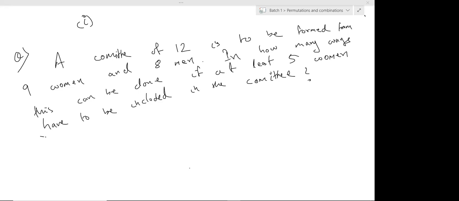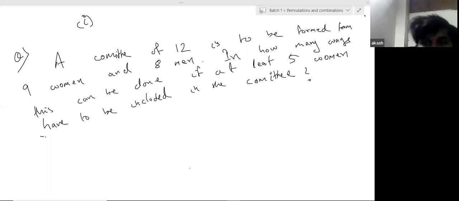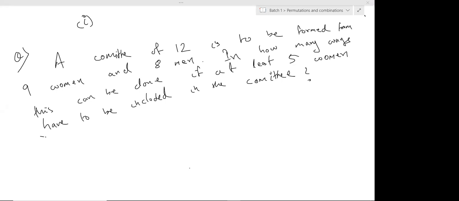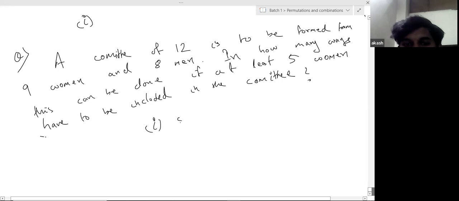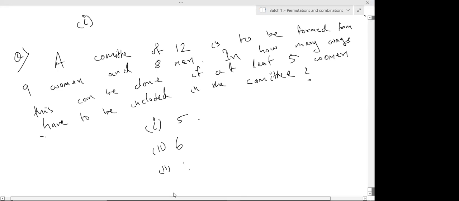See here, for a hint, if I tell you you have at least 10 rupees, that means you can either have 10 rupees, 12 rupees, 15 rupees, or more. So you have to make cases here. 5 women, 6 women, like this. Then solve each case individually. Till 9 women, because the maximum can be 9.